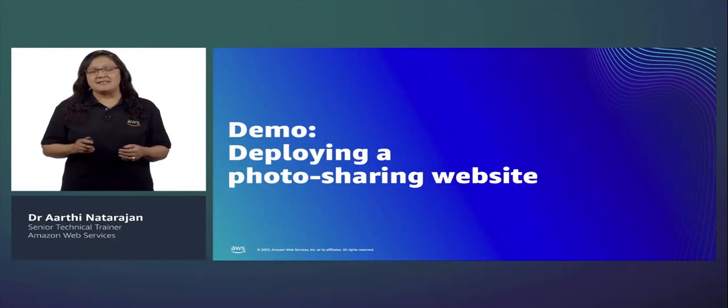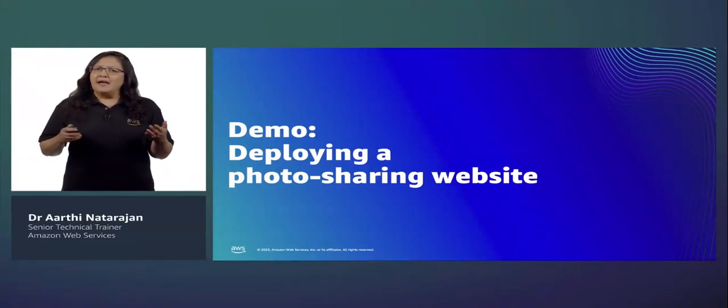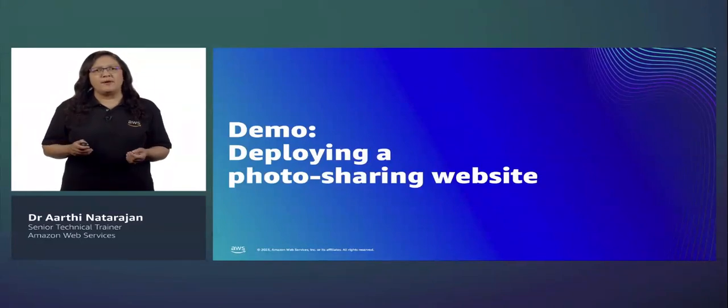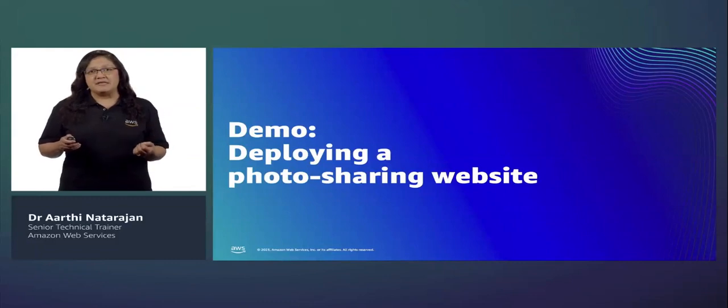Congratulations, we have successfully deployed and tested our web application. In the above solution, we have seen how to deploy a photo sharing website using Amazon EC2, Amazon DynamoDB, and Amazon S3.